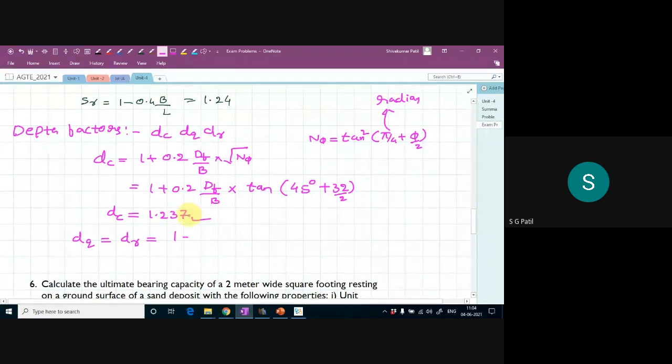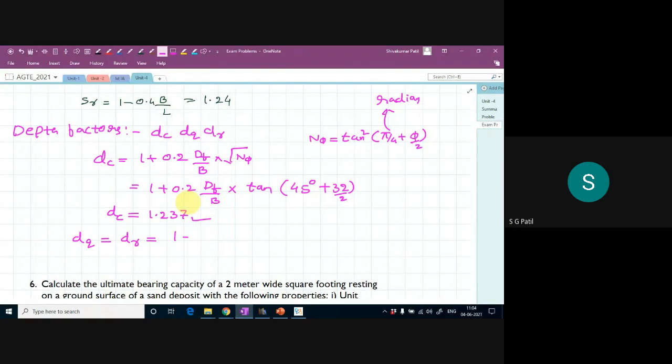One minute, let me check. So tan of 32 by 2, that is 16 degree. Okay, 16 plus 45 degree is 61 degree. So tan of that, multiply by depth of footing.